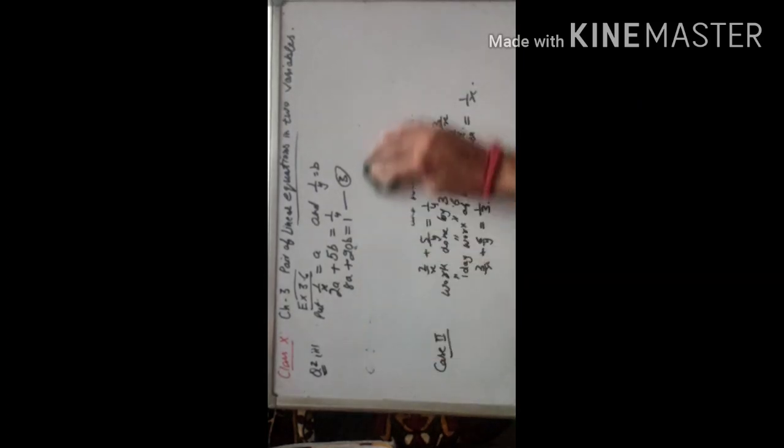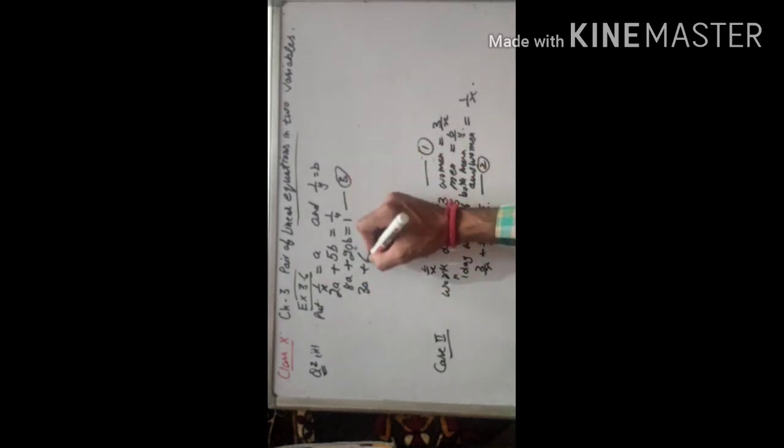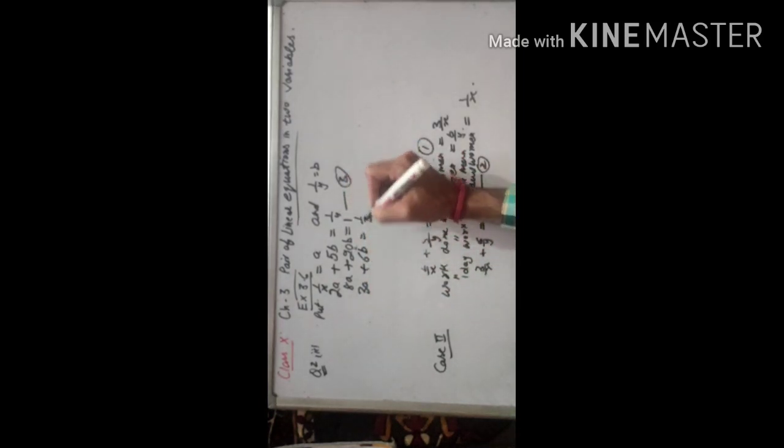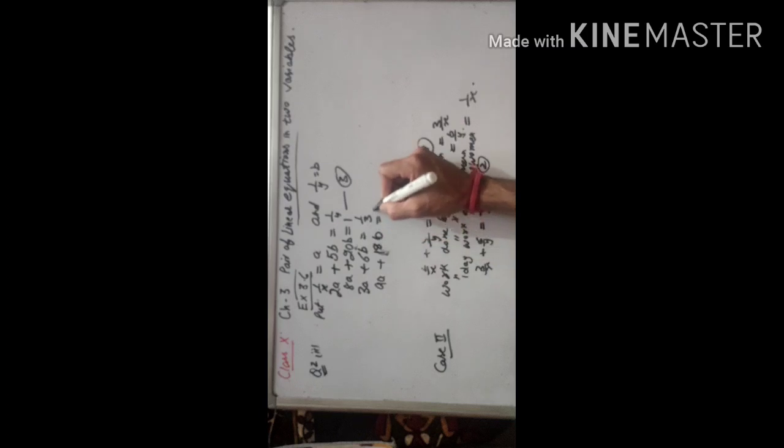This is the third equation. And when we put 1 by x is equal to a and 1 by y is equal to b in the second equation, the next equation becomes 3a plus 6b is equal to 1 by 3, that is 9a plus 18b is equal to 1.